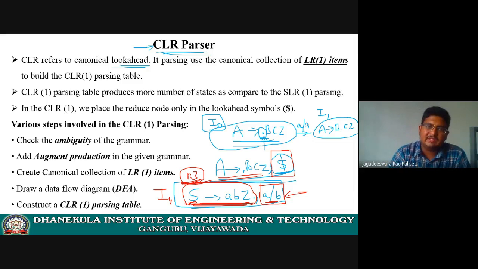But here, what CLR is saying is, whatever lookahead we have, in this example small a and small b, only in those respective columns fill this R3. This is the information conveyed by the lookahead symbols. That is the reason why you add a lookahead symbol for every production rule.